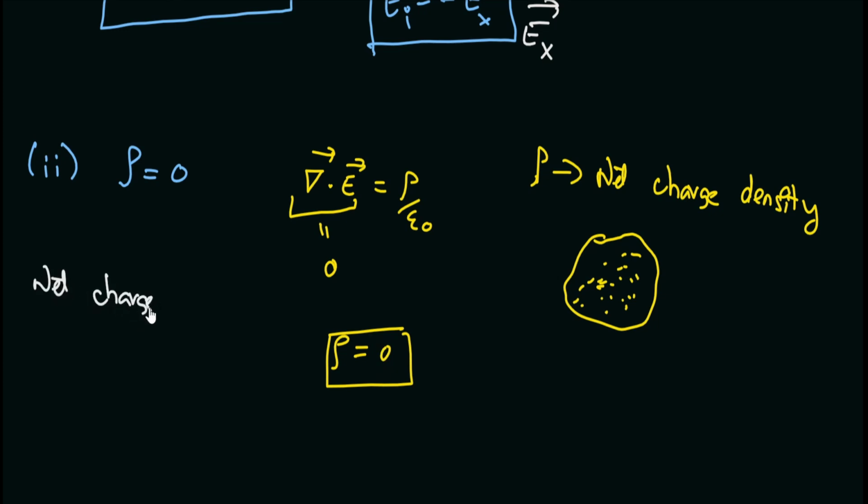Net charge density inside a conductor is always equal to 0. To be clear, there might be positive and negative charge densities, that is, there might be positive and negative charges, but the net charge density will always be equal to 0 inside a conductor, since the electric field inside the conductor is equal to 0.